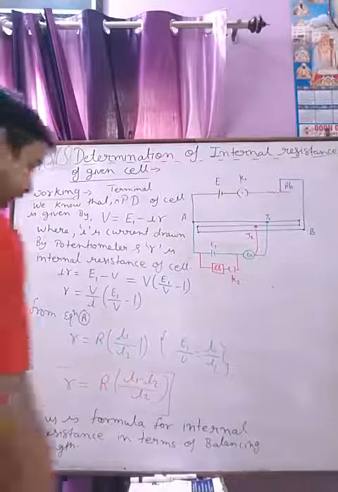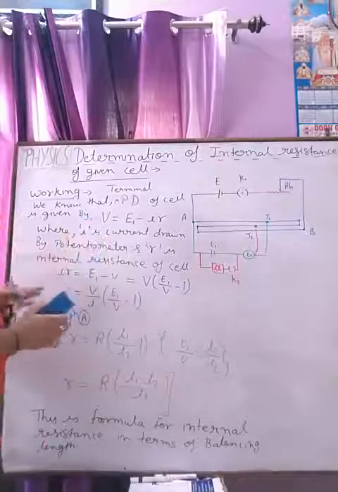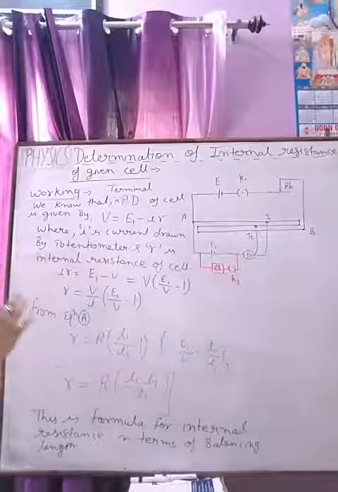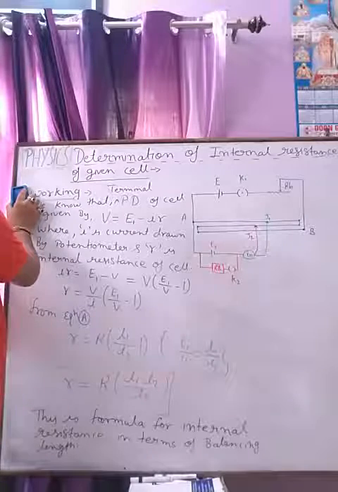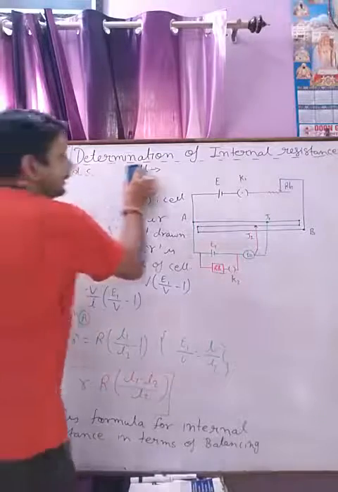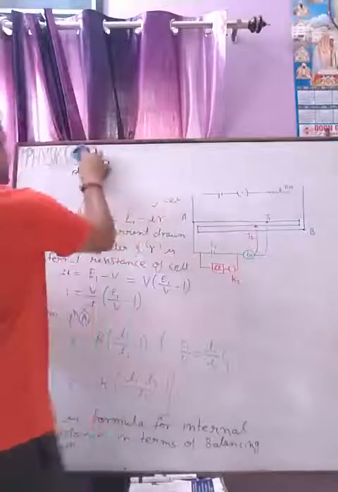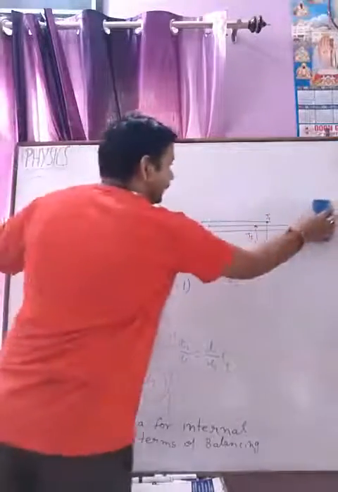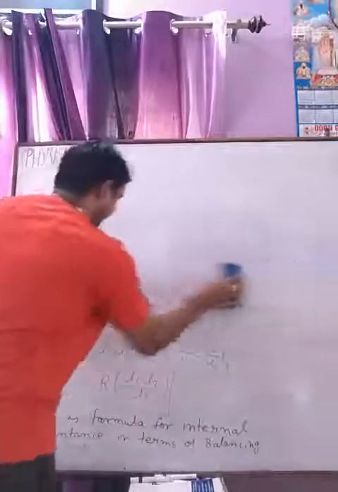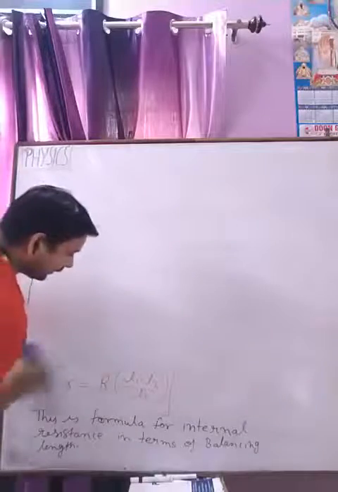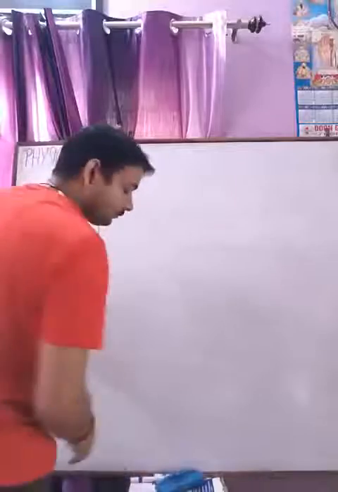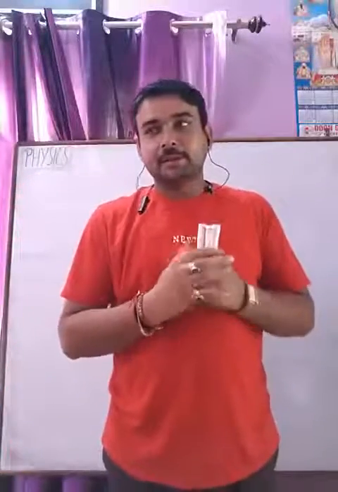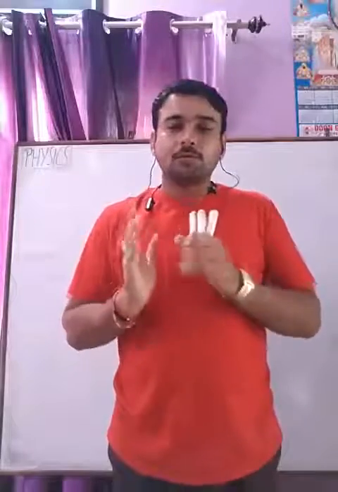Okay, student, this is the complete description about the potentiometer, in which we learn two applications: first is comparing of resistances and second is determination of internal resistance. Now, the potentiometer is very precise in comparison to the voltmeter.